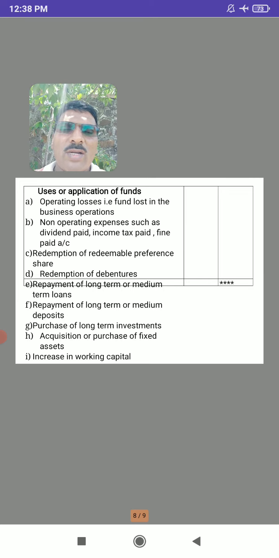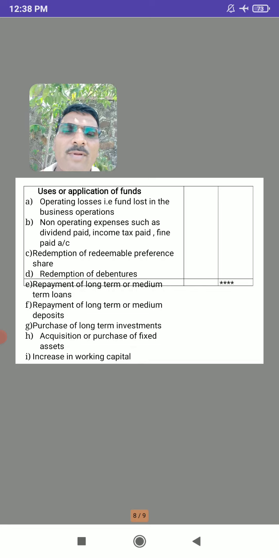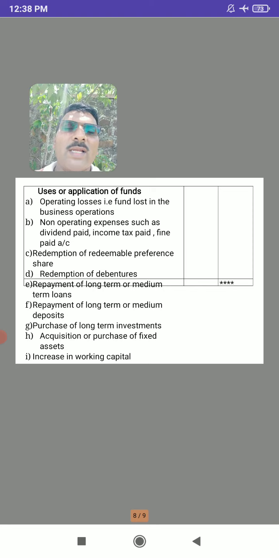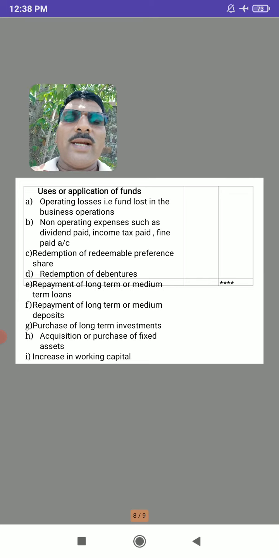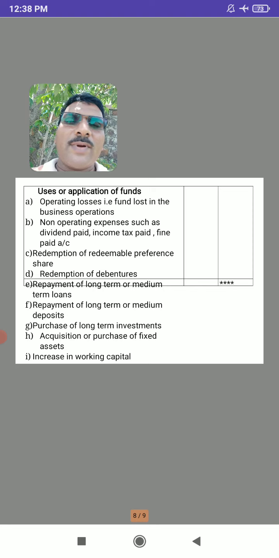Then redemption or repayment of preference shares and debentures, repayment of long-term or medium-term loans, repayment of long-term or medium-term deposits, purchase of long-term investment, acquisition or purchase of fixed assets, and increase in working capital. All these things we have to record under the head of sources or application of funds.